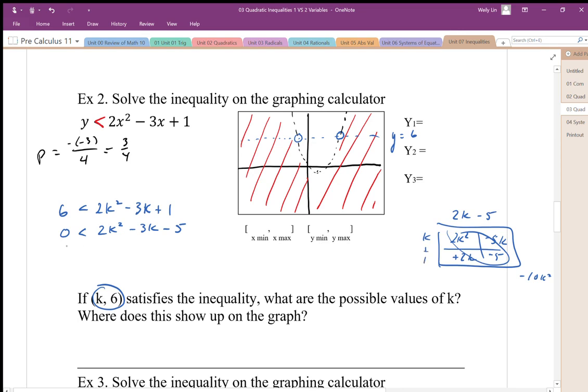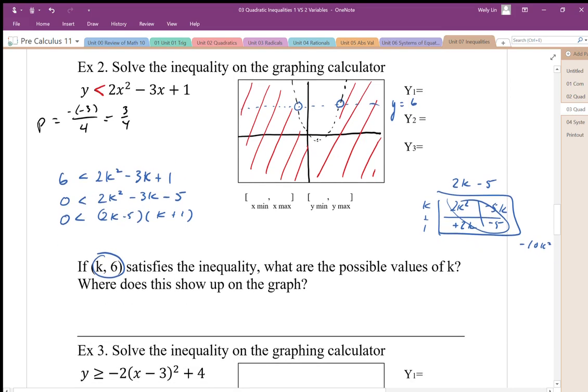So it looks like this, 2k minus 5, k plus 1. But basically I'm just solving this one variable inequality. Now you can do it a lot of different ways. You can use your quadratic formula, but in essence the boundary points are going to be when k is equal to 5 over 2, and the other boundary point is going to be k equals negative 1.